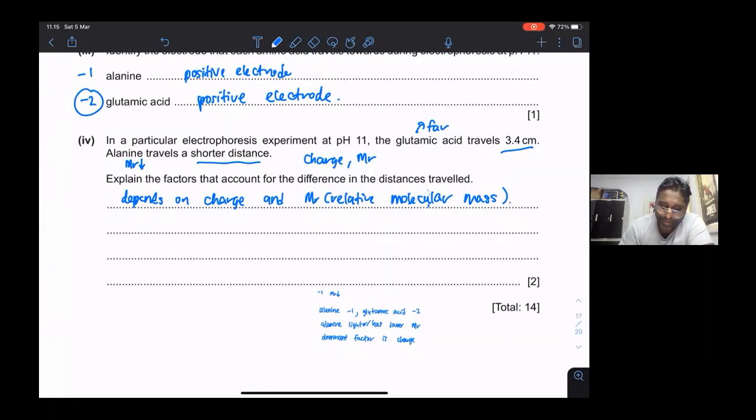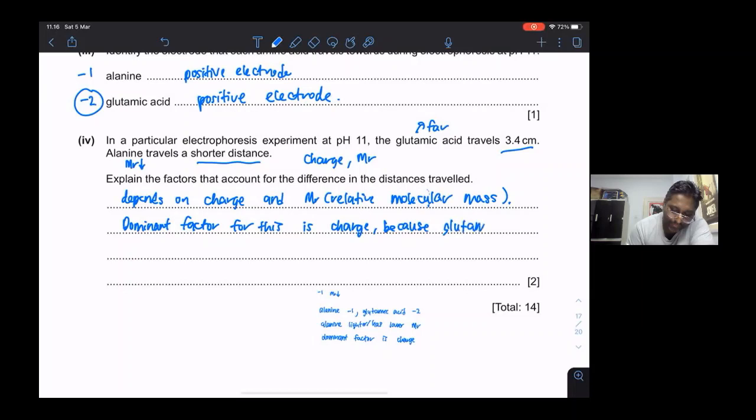So I can say that the major, or dominant, factor for this is charge, because glutamic acid has -2 charge and travels further than alanine.